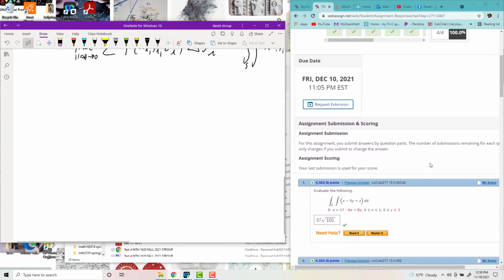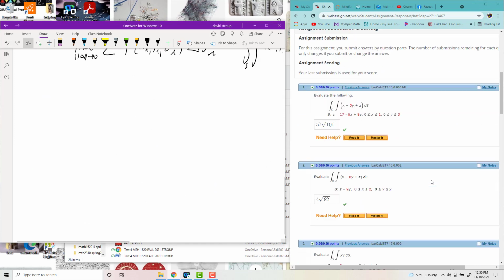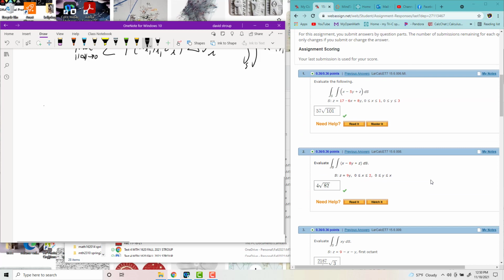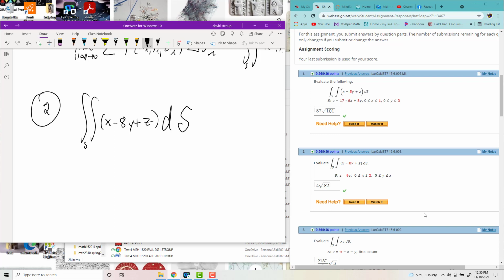So the beginning problems, like number 2, we're figuring out the surface integral of x minus 8y plus z over the surface given by these formulas.